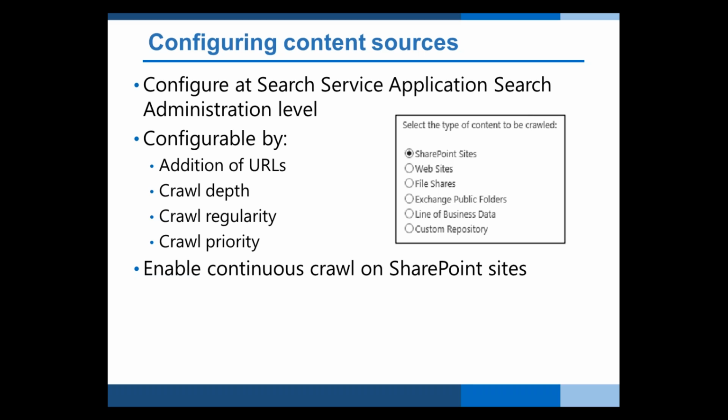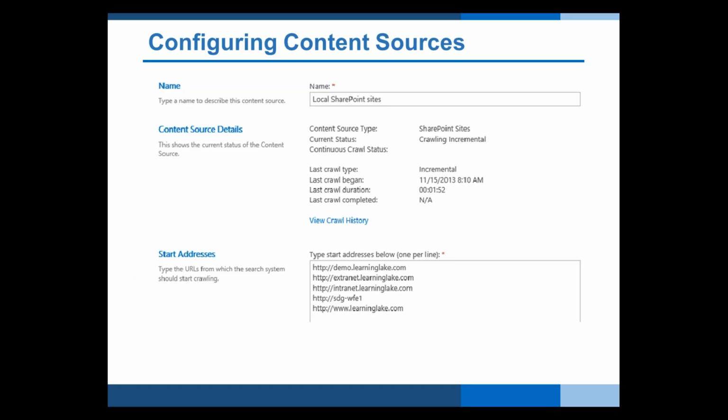It gathers everything. Then incremental crawl is anything that has changed. Some full crawls can take days to run. Incremental crawls, several hours. A continuous crawl is a way to continuously update those very active SharePoint collaboration sites. Continuous crawl, again, is though reserved only for SharePoint sites.